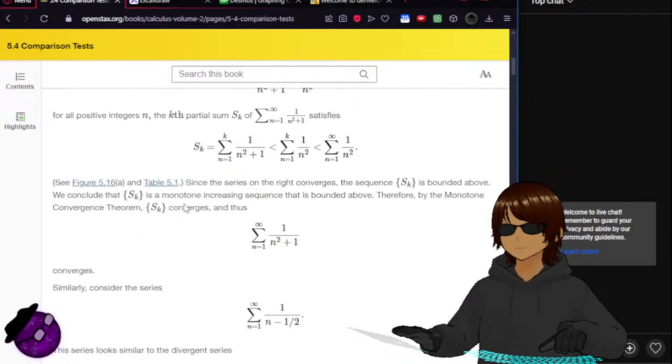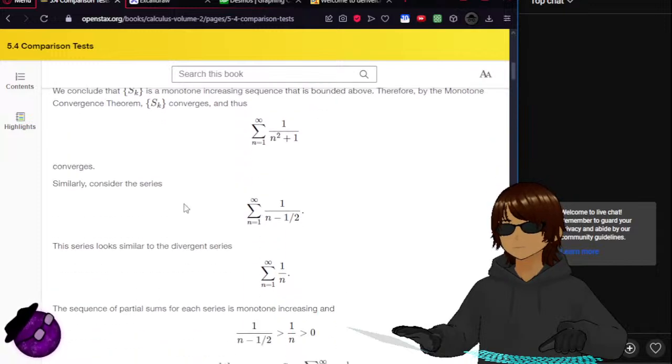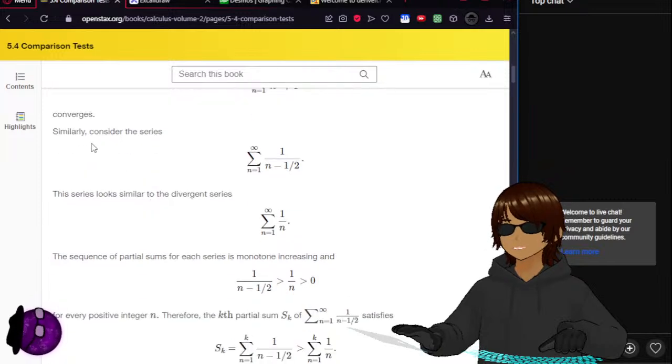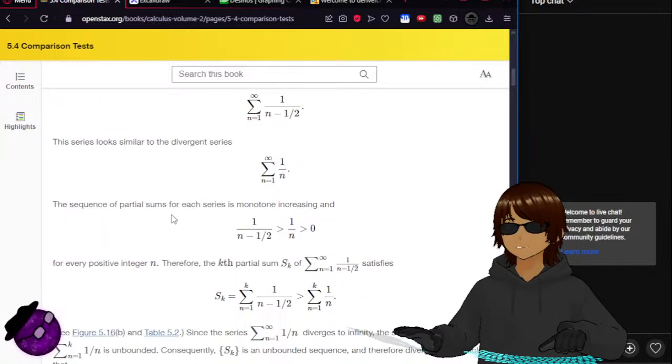I forgot what they mean by monotone. Similarly, consider the series 1 over n minus half. The series looks similar to the divergent series 1 over n.